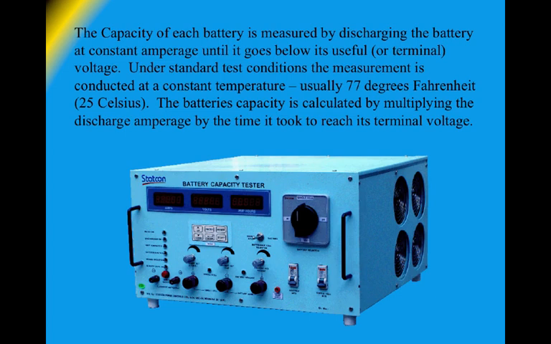Standard test conditions do this at a constant temperature as well, usually 25 degrees Celsius or about 77 degrees Fahrenheit. The battery's capacity then is calculated by multiplying the discharge amperage by the time it took to reach that terminal voltage.